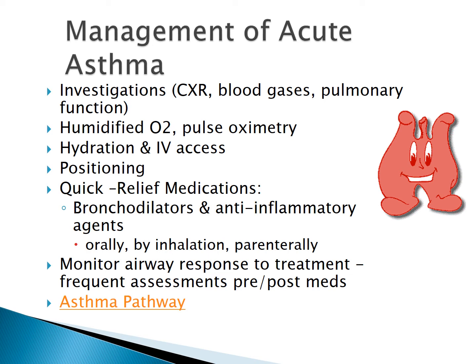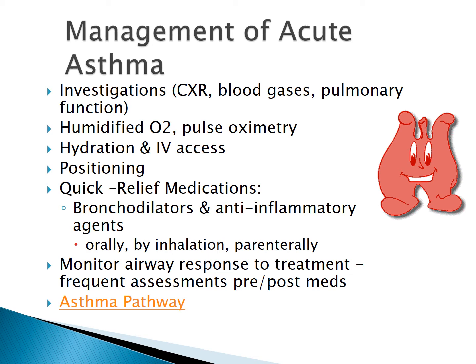Bronchodilators and anti-inflammatory agents. So we want to open up that airway and decrease the airway inflammation. Usually bronchodilators, we start with inhalation, but at some point, if the airway is too obstructed, those medications just can't get to where they need to, and we might begin to provide IV bronchodilators. So there's such a thing as IV salbutamol.